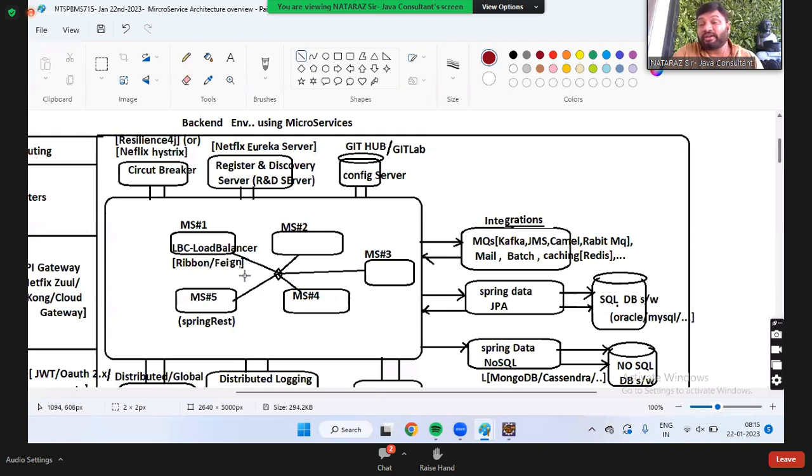All microservices want to talk with the same database software, so all of them look for the same JDBC properties with the same values, right? Such properties we don't place inside every microservice, in every application.properties; we prefer placing them in a common place called the config server. Clear, boss?